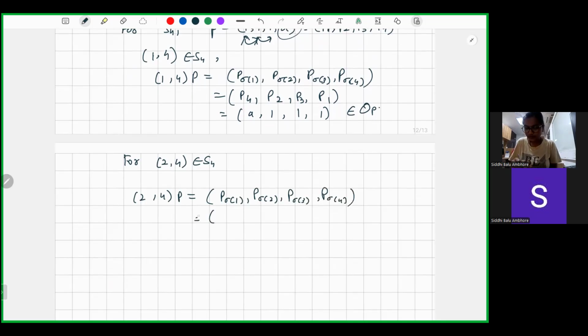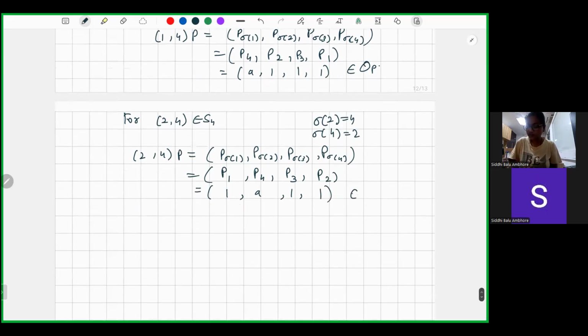Then I will just directly write: P1 is P1, P2 is P4, P3 is P3, and P4 is P2, because sigma of 2 is 4, sigma of 4 is 2. So P1 was 1, P3 is 1, P4 is my A, and P2 is again 1. So this belongs to OP.